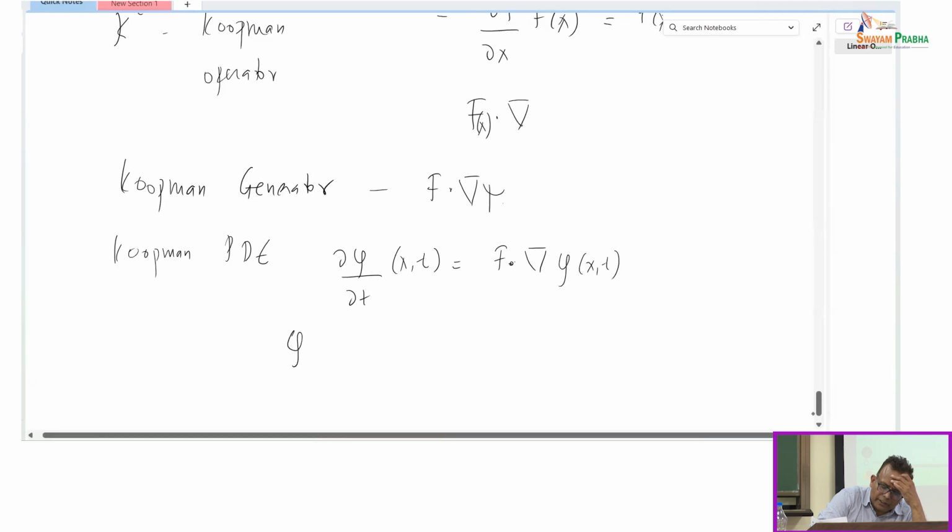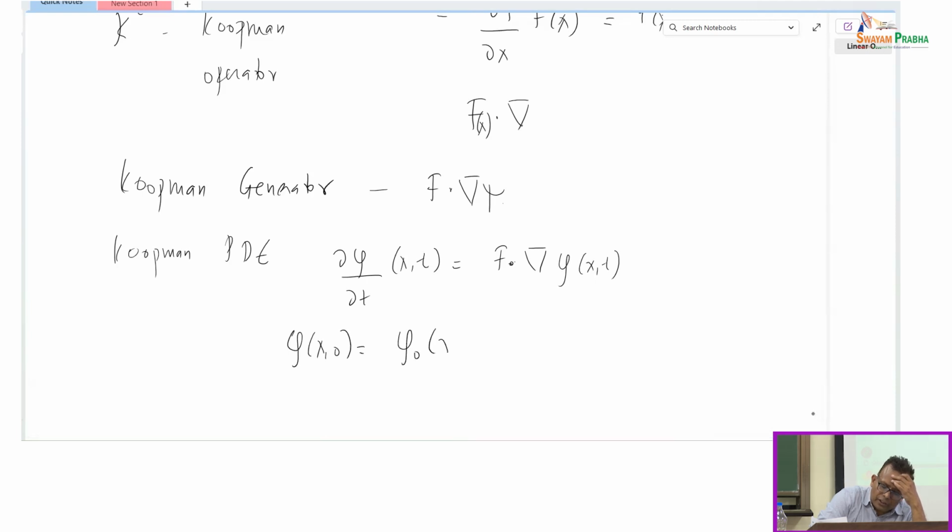Let's say I have some initial function phi 0 of x, and I want to know how this function will evolve at a certain time t according to this PDE. Phi of x and t is the evolution of this function phi 0. This is given by the solution of this PDE and is of the form phi 0 of phi t of x.